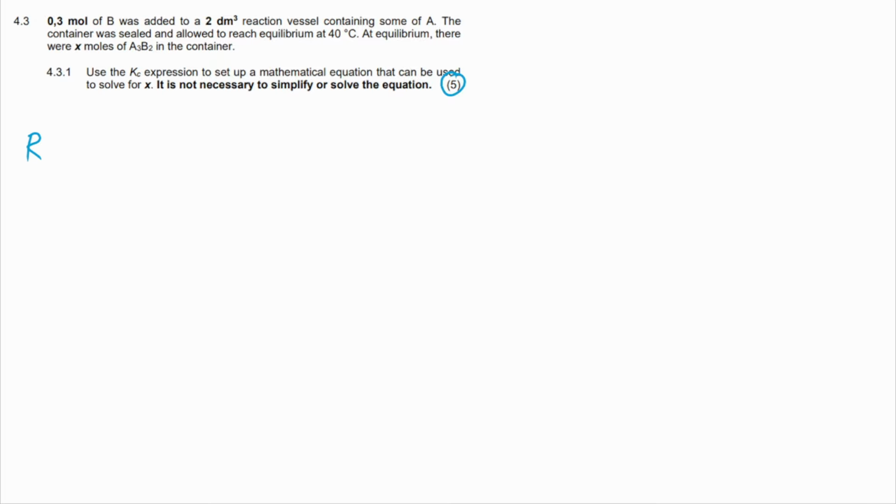R is for reaction. All right, I'm going to write our reaction. We have 3A, it's a solid, plus 2B as gaseous, and that's in equilibrium with A3B2, also gaseous.